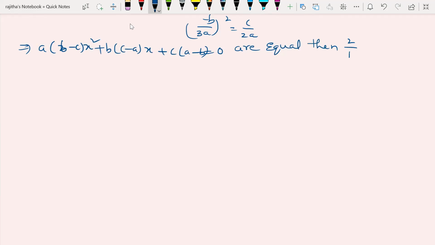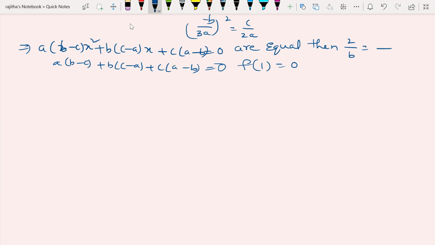Then 2 by b is equal to dash. See, for this type of problems, first we have to check the coefficients of x square, x, and constant. A into b minus c plus b into c minus a plus c into a minus b is equal to 0. So f of 1 should be 0. In place of x substitute 1, f of 1 should be 0.